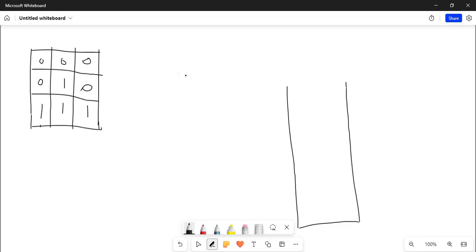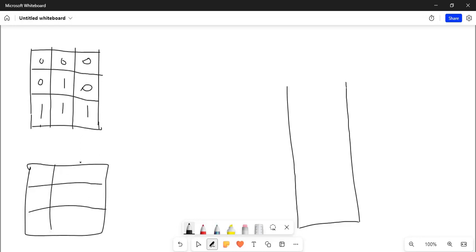That means in the answer 2D array, you must fill 0 in those cells having zero value. Because if the cell is itself 0, then the nearest 0 will be at a 0 distance from that cell. So let's first put it. This is the answer.